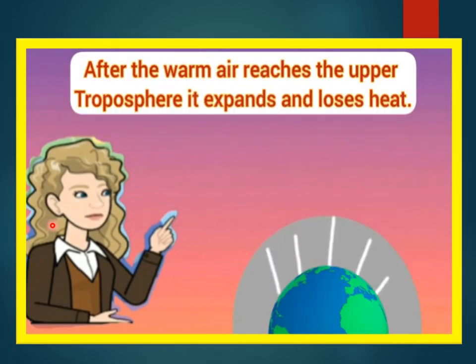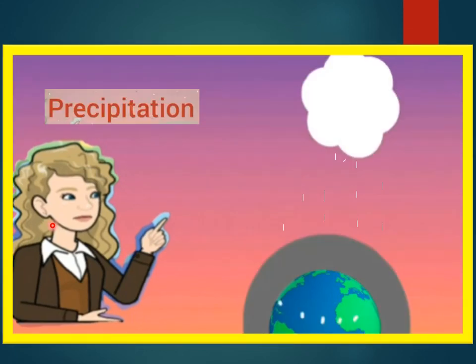So you see the warm air reaches the troposphere, it expands, loses its heat, condenses and forms clouds. You can see after it forms clouds, it becomes heavy and then it rains. So such a kind of rain, which happens when the earth's surface becomes too hot, warm air rises, cools and condenses and precipitates, is called convectional rainfall.